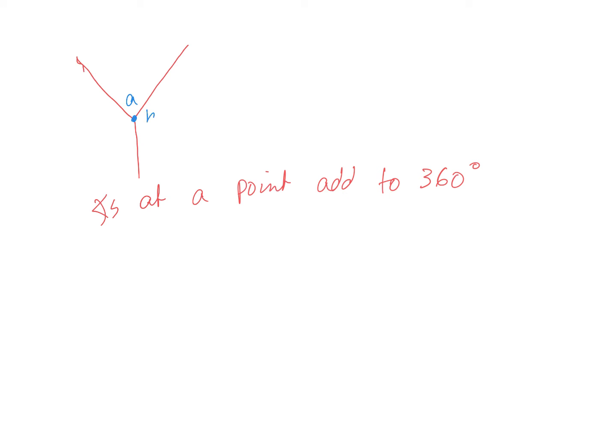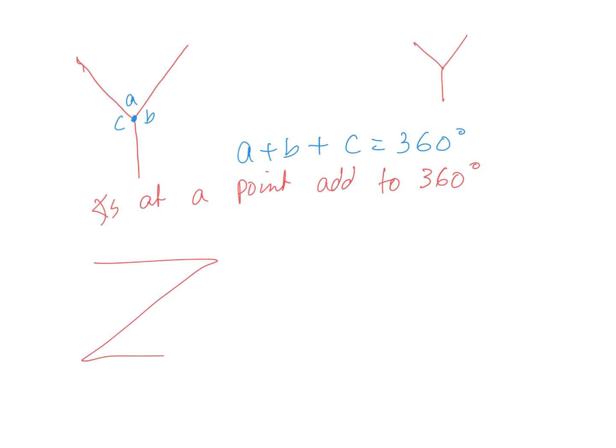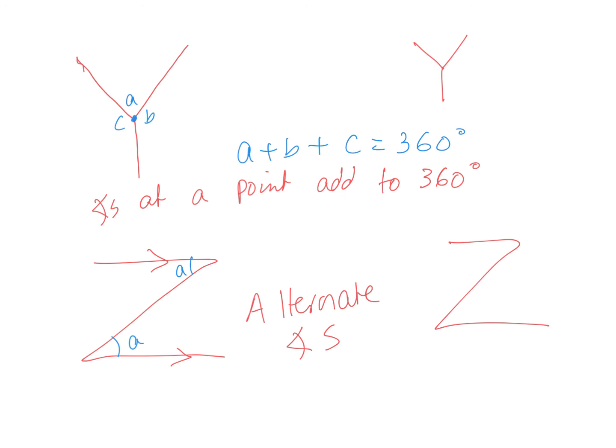So you've got A, B, and C. If I were to add A, B, and C, I'll always get 360. And then the last one is Z. So just like an N, it has parallel lines, and these angles in the middle are equal. These are the alternate angles. So your ABC defined with geometry.